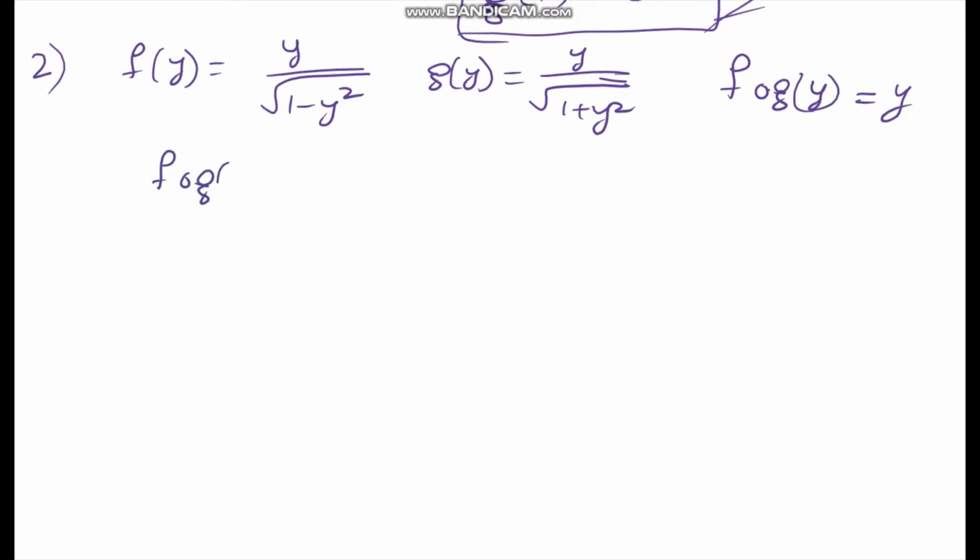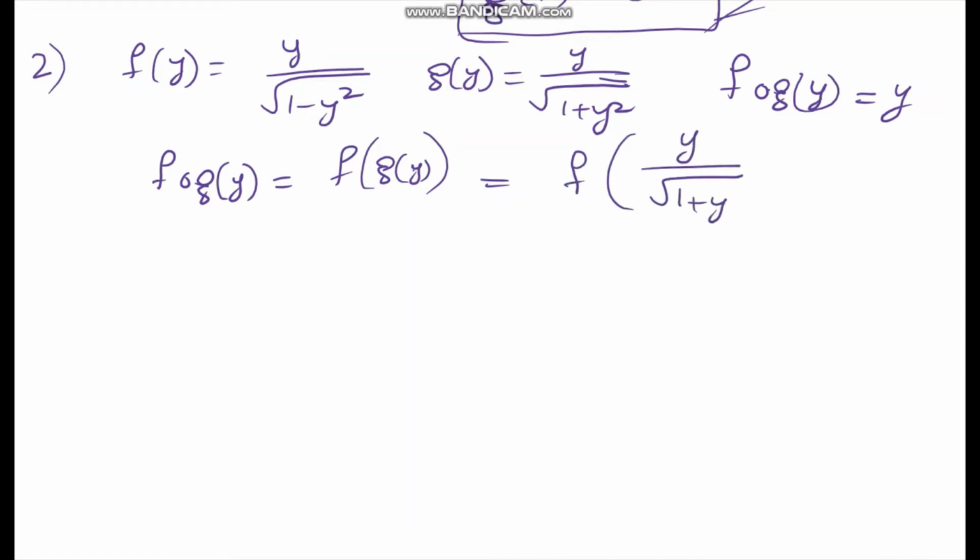Fog of y is nothing but f of g of y, that equals f of y by root 1 plus y square. So this is f of x.